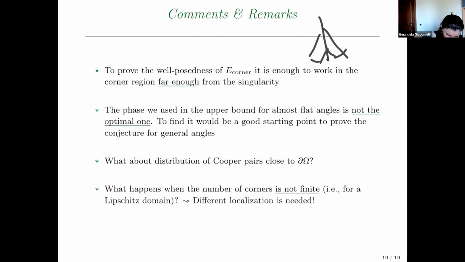What I mean is that I would like to have information about the L2 norm of this quantity here, and in particular, what is done already for smooth domains is to prove an estimate not for this quantity, but at least for the L4 norm, because of what you get from the energy expansion. If you work a little bit, you can have an estimate for this quantity here. But the estimates so far we cannot improve because we do not have enough information about what happens close to the corner.